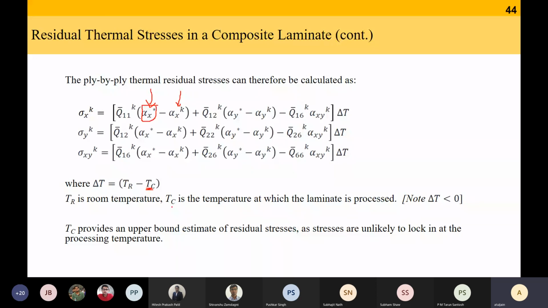At that temperature, obviously residual stresses will not be built, because at that stage the composite is not even built. As it cools down, the residual stresses are going to creep in, but we don't know the exact temperature at which the residual stresses will start. Because of that, we will say that let's use TC, let's calculate the upper bound estimate of residual stresses.